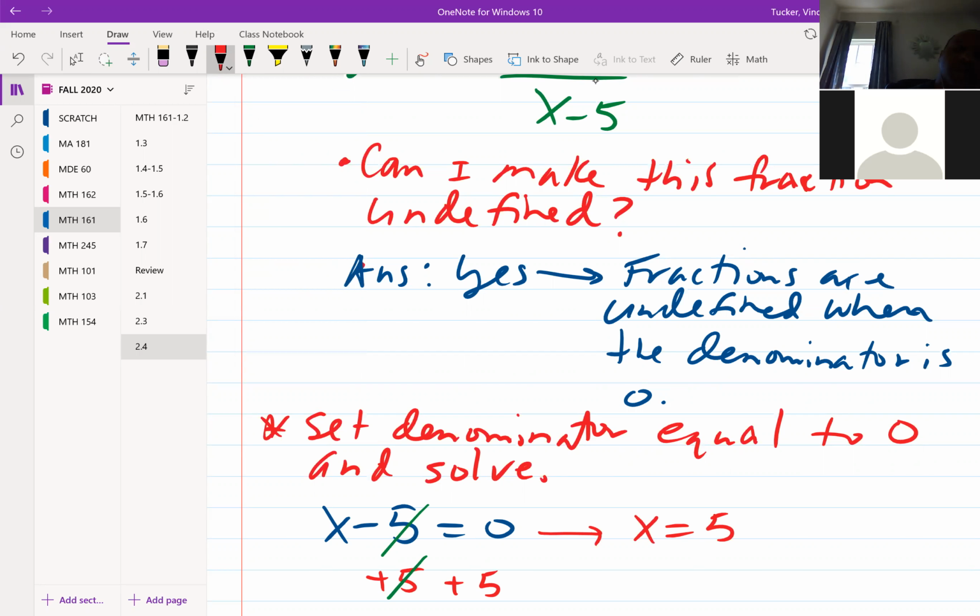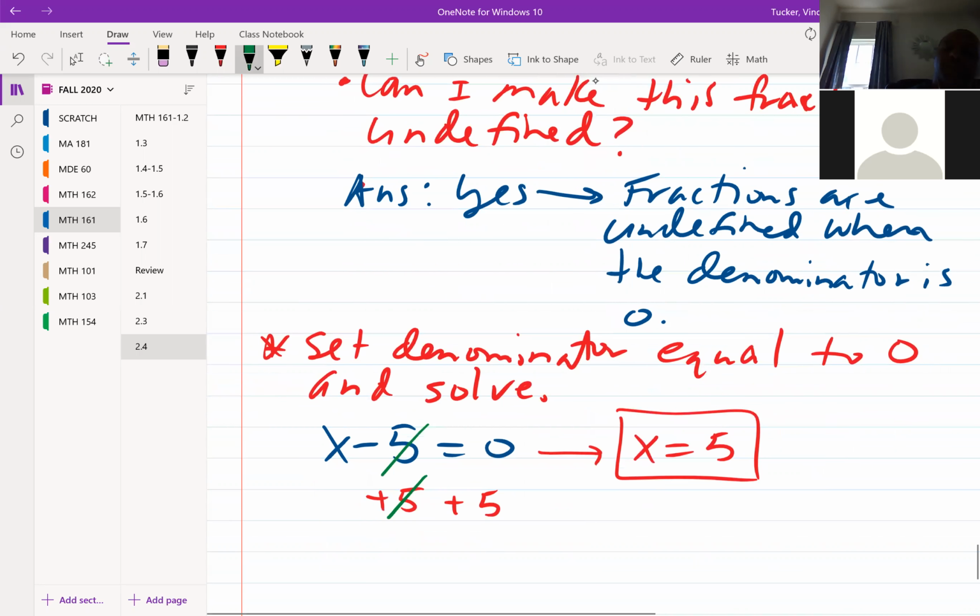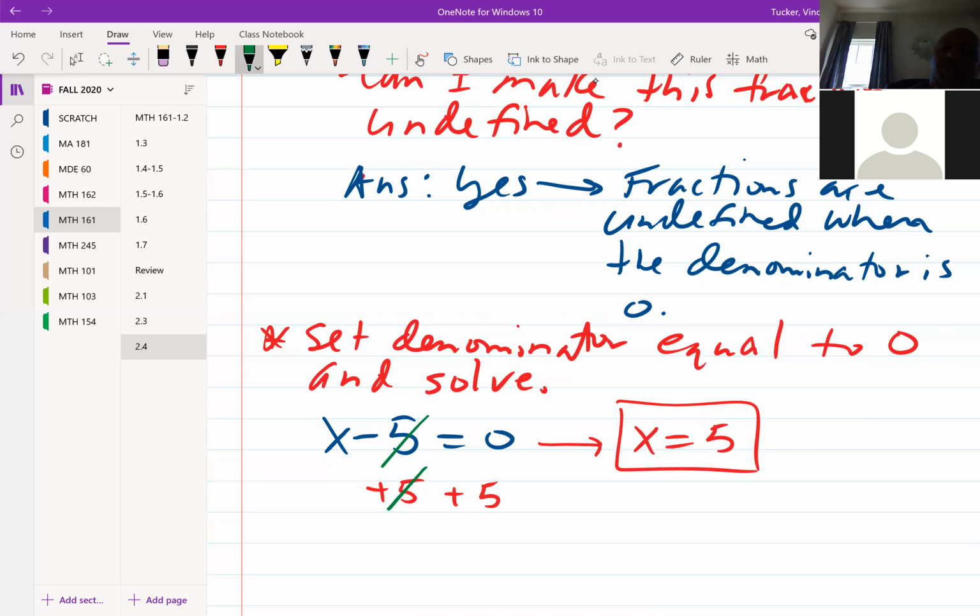X is equal to 5. Now keep in mind, this is not my solution. This is the value that cannot be used.